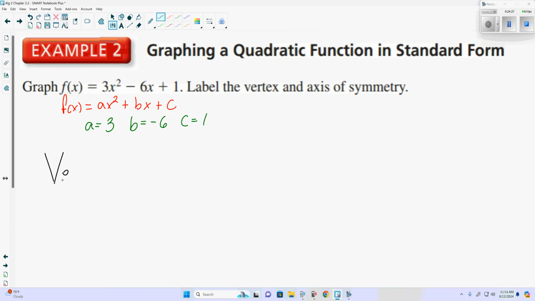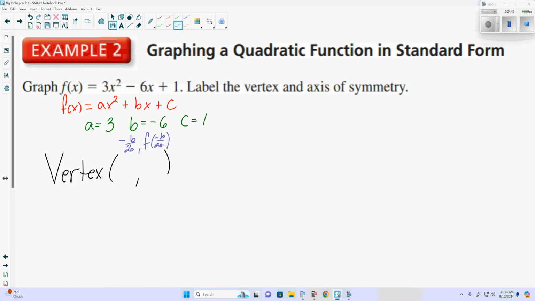Vertex. Our vertex is the point negative b over 2a, comma, f of negative b over 2a.